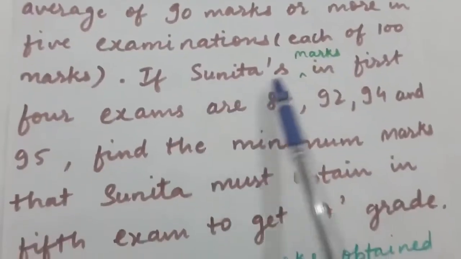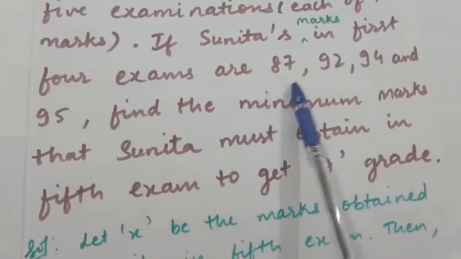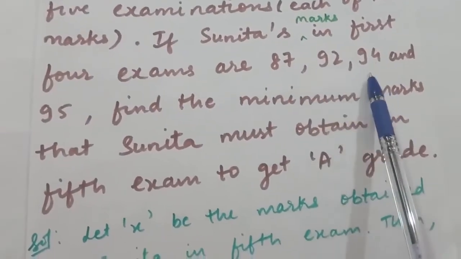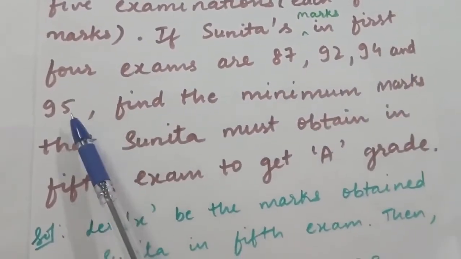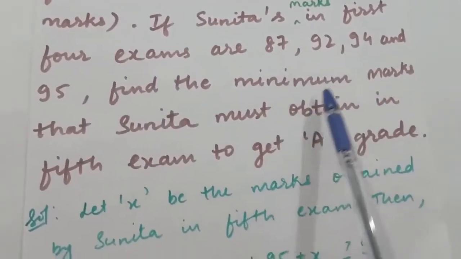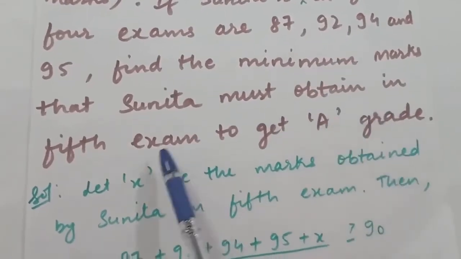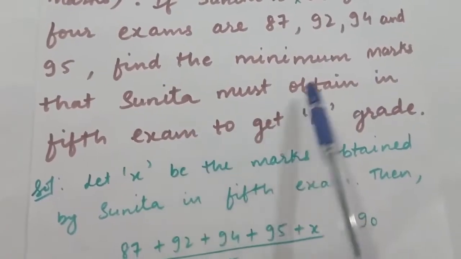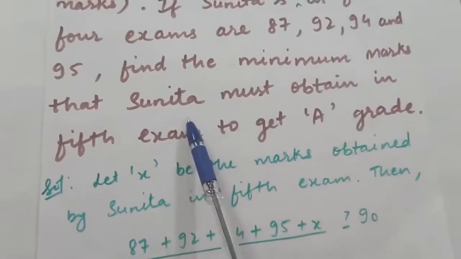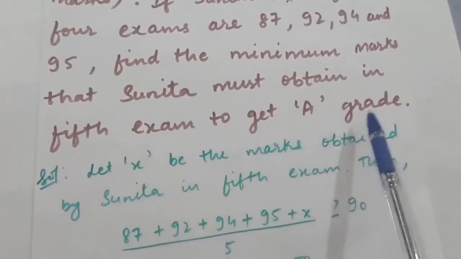If Sunita's marks in the first 4 exams are 87, 92, 94 and 95, find the minimum marks that Sunita must obtain in the 5th exam. Sunita's 4 exam marks are given, and we have to find the minimum marks in the 5th exam to get grade A.